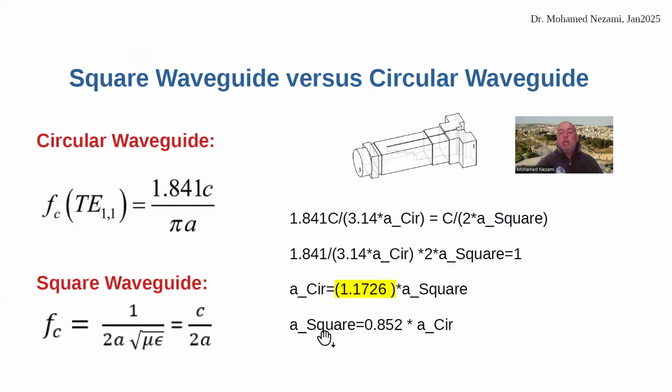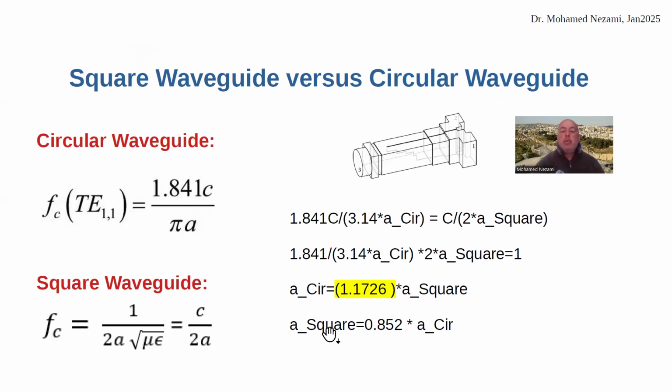What we see in here is that the cutoff frequency of the square waveguide as opposed to circular is really weighted by a factor which is 85%. And of course it's divided by that magnitude, which you can figure out.